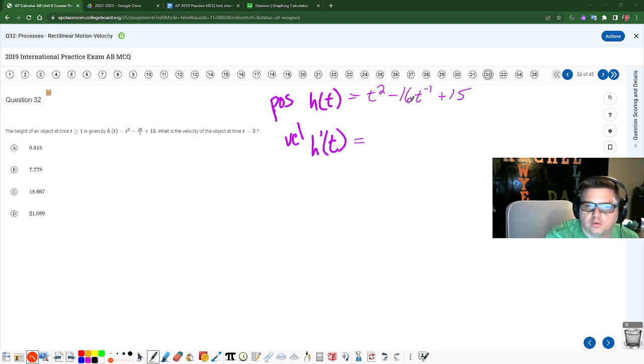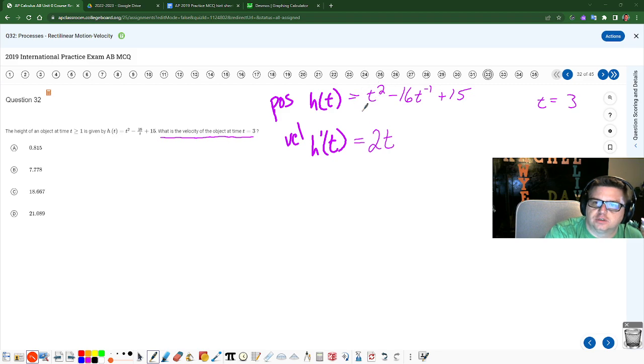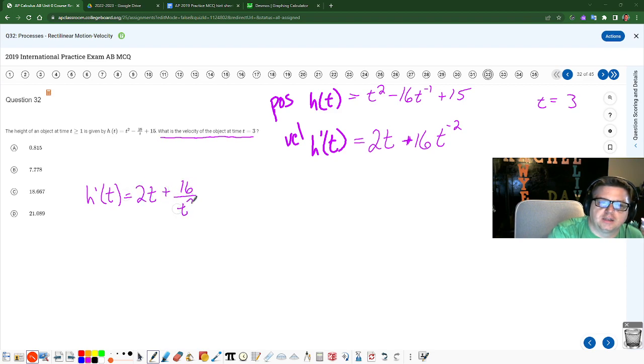And if we are doing the derivative, I'm going to throw this over the side: t equals 3, because we do want to know the velocity of the object at t equals 3. Taking the derivative: 2t, because the 2 goes out in front, and then we go down by 1. This one is going to be a positive 16t, but then we go down another one, so it's going from negative 1 to negative 2, and then this one falls off. So the velocity is 2t plus 16 divided by t squared.